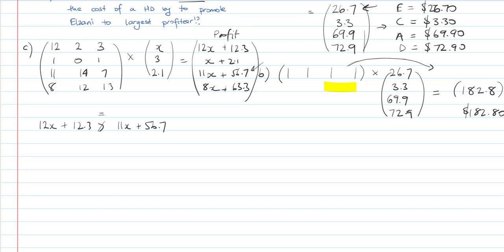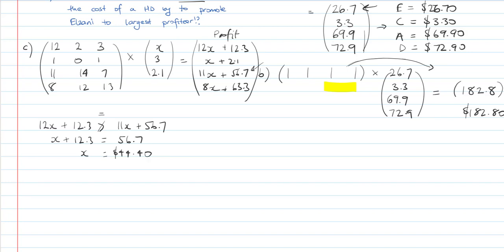When are they equal? And then if I go above that value, it'll be greater. So 12X plus 12.3 equals 11X plus 56.7. I'm going to subtract 11X, I get X plus 12.3 is equal to 56.7, and then X is equal to 44.4. So I want that to be $44.40.